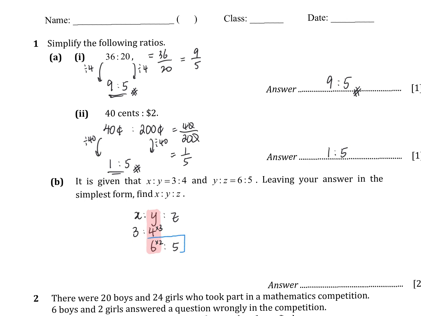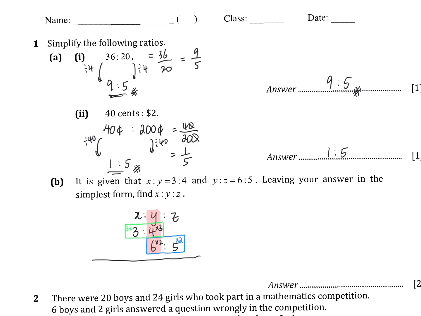So if I multiply Y by 2 times, I must multiply Z by 2 times as well, because you are comparing this with this. Same thing here. If you multiply Y by 3 units, your X should also multiply by 3.